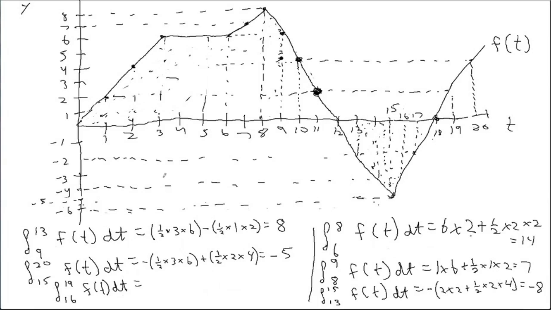Okay, let's try this. The area between 19 and 16. So the small triangle to the right of 18, the area is 1. So 1 minus the area of the triangle to the left of 18, which is 1/2 of 2 times 6.